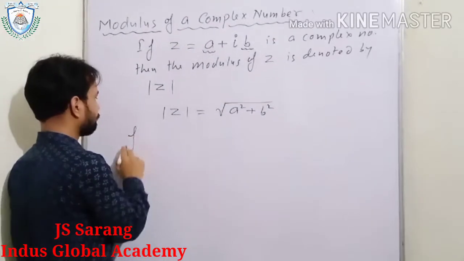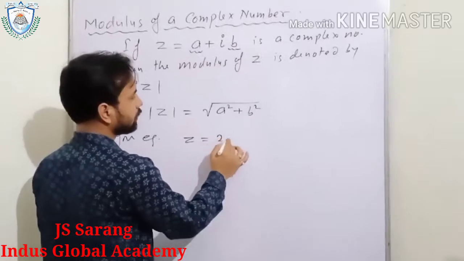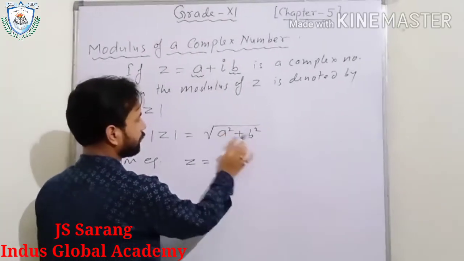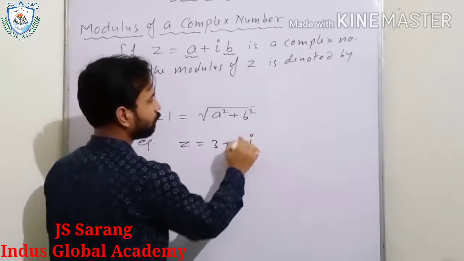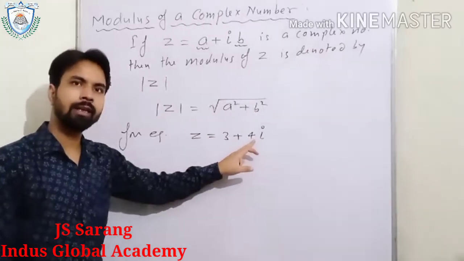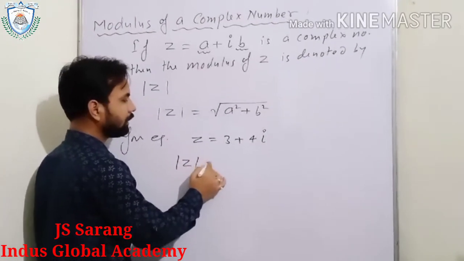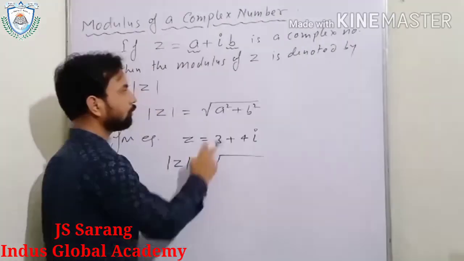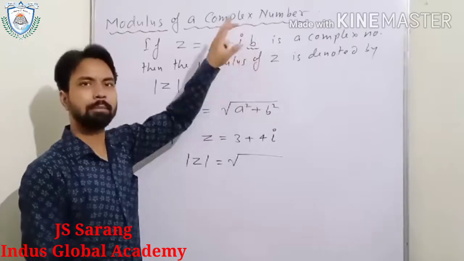For example, if a complex number z is equal to 3 plus 4i and we want to find its modulus, so beta, modulus of z will be square root of a square plus b square, where a is the real part and b is the imaginary part.